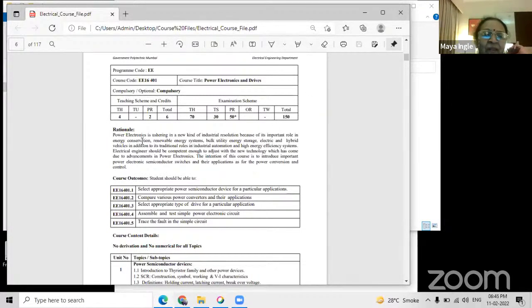Then rationale for this particular subject. So why is this course kept in this particular stream? Then outcomes, COs. After learning this course, what will be the gain in knowledge of the students?